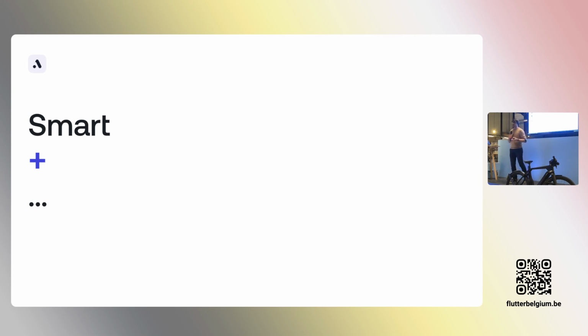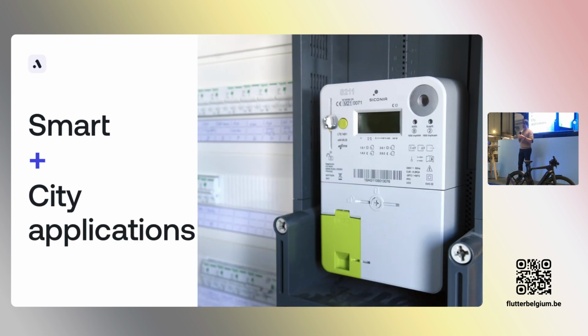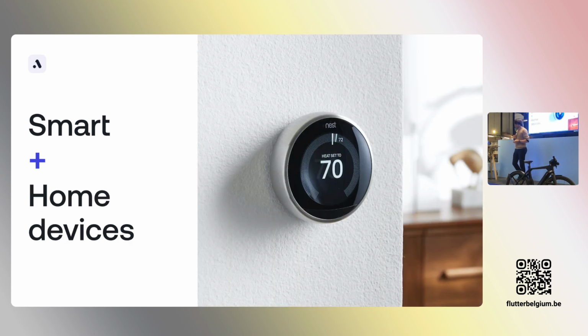But if you want it very practical, you can think of smart things. And that can be smart city applications, although the electricity meter is not really smart. But there are smart traffic lights, so everything that is around the smart cities. You have smart home devices. Could be a temperature sensor, could be anything from lights until blinds or heating.